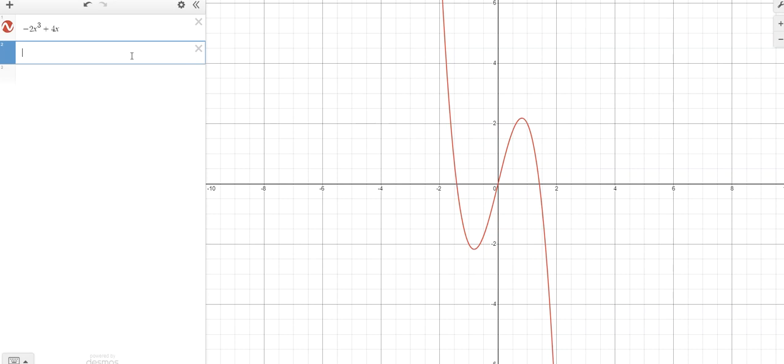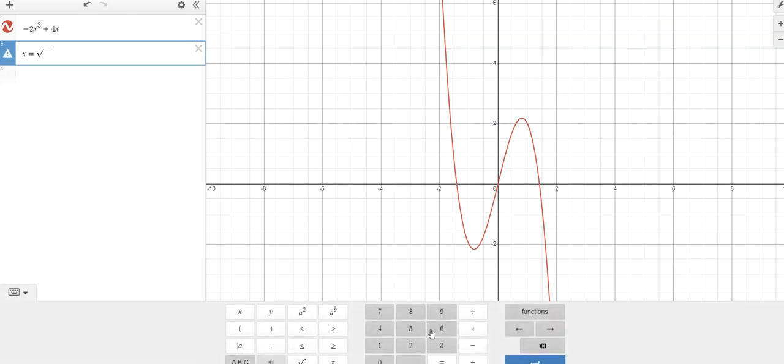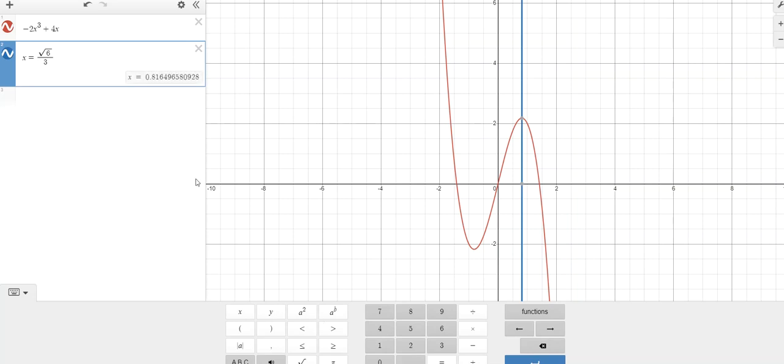And just to be sure, let's put here x equals the square root of 6 divided by 3. That's the 0.816 that we saw right here, and the negative value as well. So we were exactly right. We know the exact value of x that tells us where we have horizontal tangent lines.